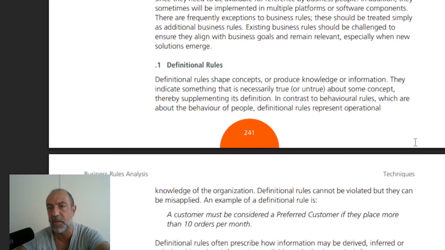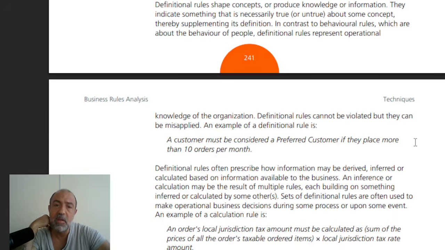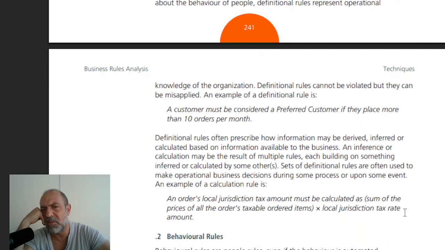Man, right? Definitional rules shape concepts and produce knowledge or information. They indicate something that is necessarily true, supplementing its definition, in contrast to behavioral rules, which are about the behavior of people. Operational rules represent operational knowledge, for example, of the organization.